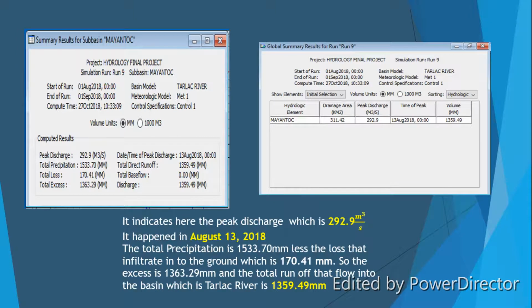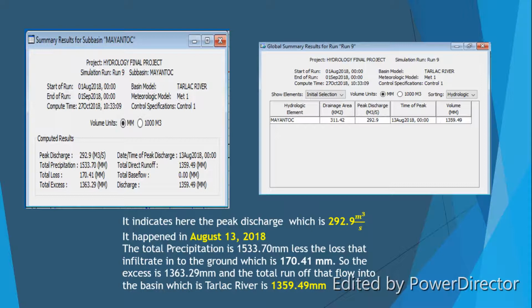The summary of results for sub-basin Mayantok. It indicates here the peak discharge, which is 292.9 cubic meters per second. It happened on August 13, 2018. The total precipitation is 1,533.70 millimeters, less the loss that infiltrates into the ground, which is 170.41 millimeters.